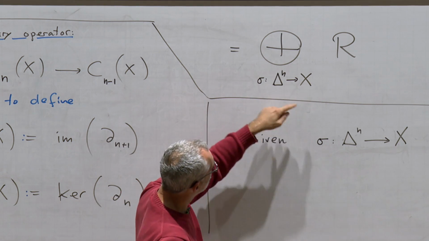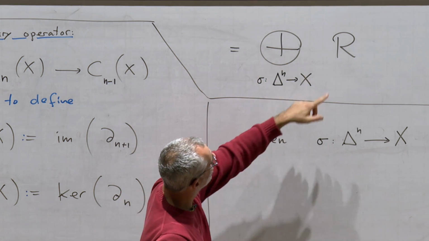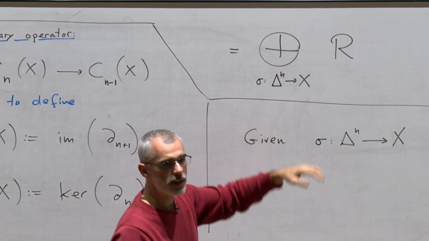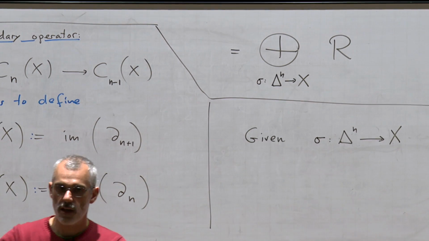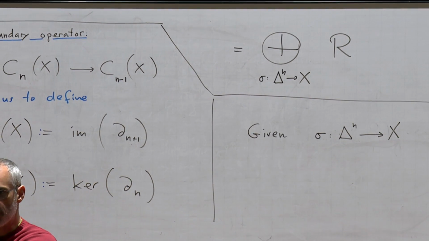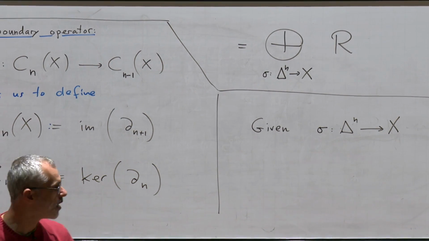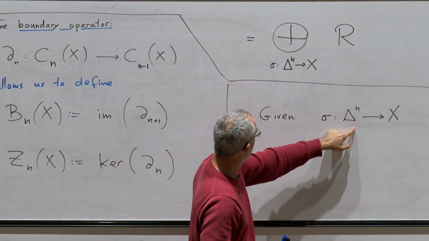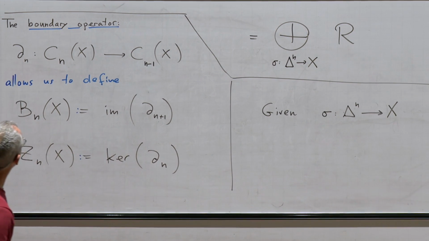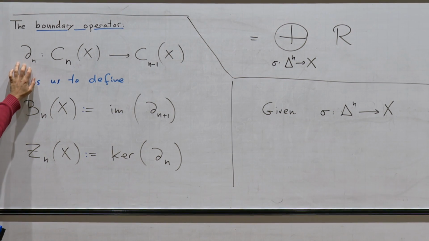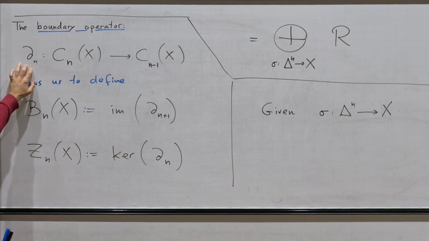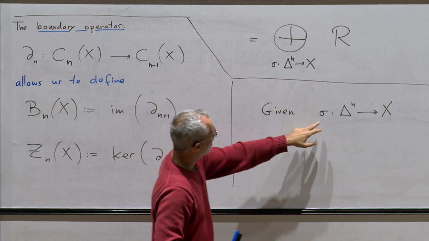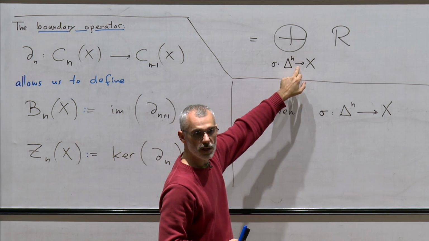You don't need to treat a general linear combination when you want to define a map out of something. It's enough to define it on simple things. So I'm going to take a simple element here and tell you what its boundary is, and then that's going to tell us what to do when I have a general linear combination of these.